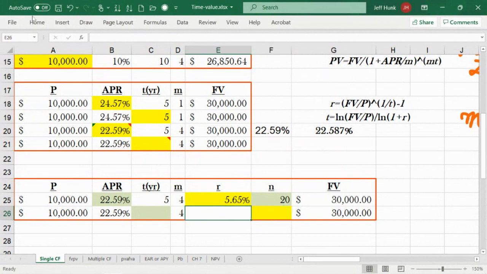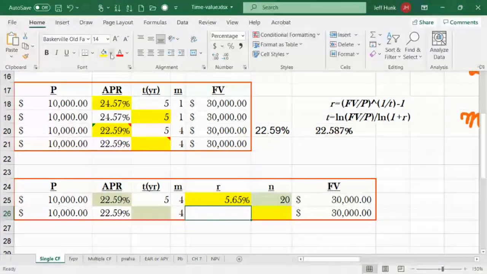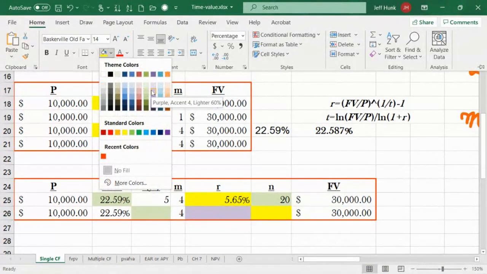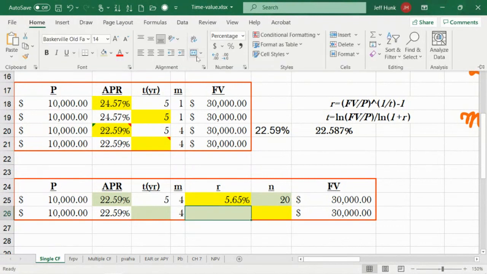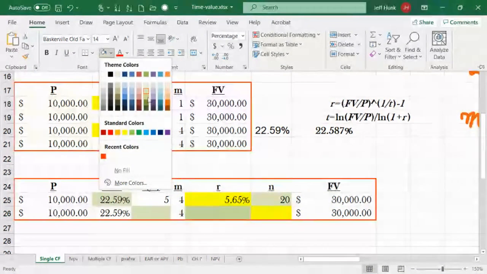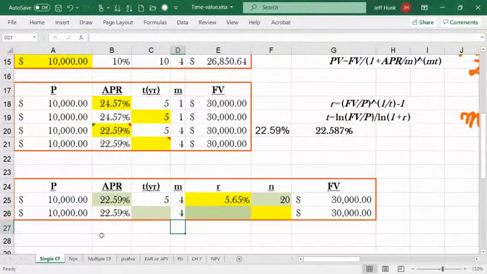Maybe I should have also put it into gray or olive. So basically, we are using the same scenario.